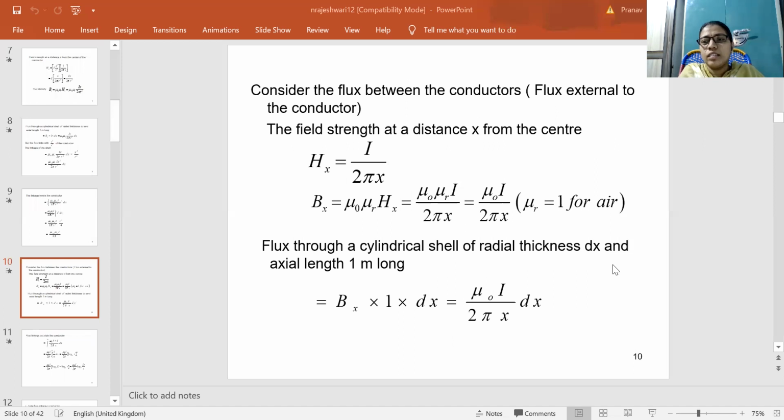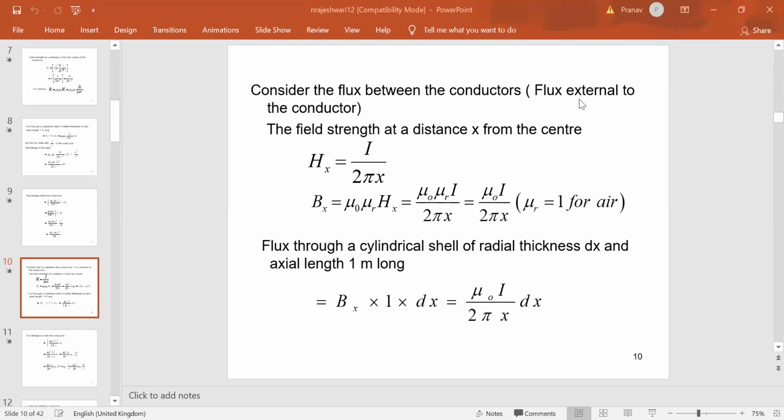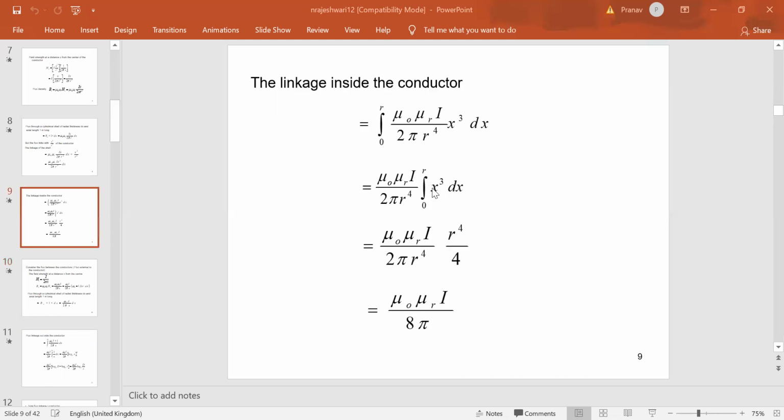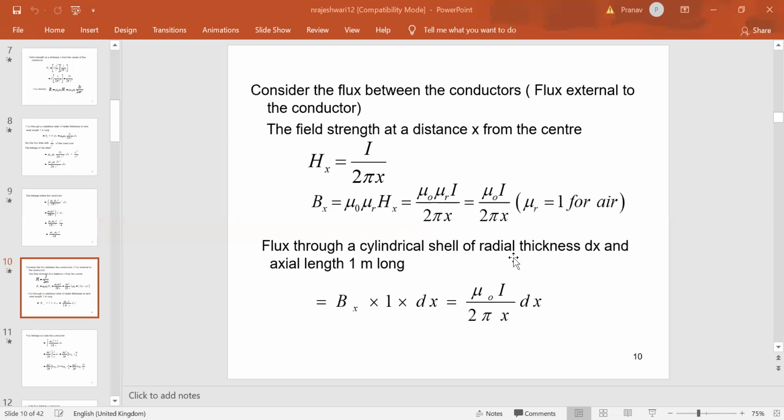Next, consider the flux between the conductors, that is, the flux external to the conductor. This was the inside of the conductor, and we also have to find the flux external to the conductor.